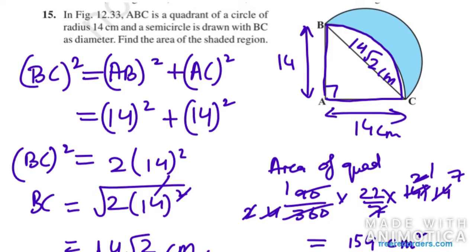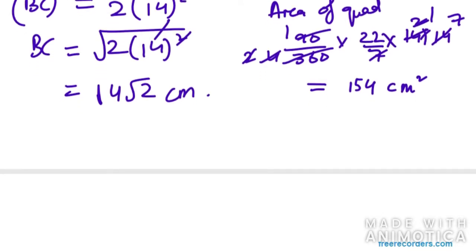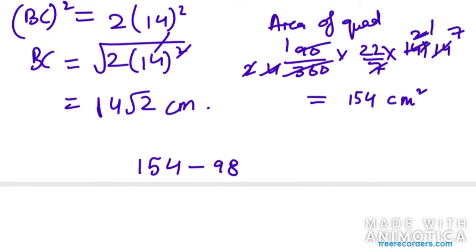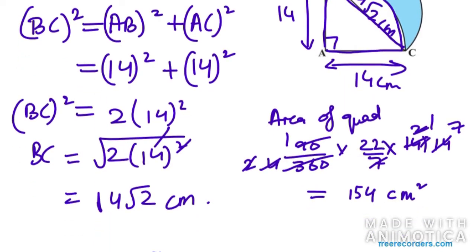Now we need to find this segment part, the divided segment. So the area of segment made by the hypotenuse of the triangle will be 154 take away 98, that is the part of the area of the triangle. Area of the triangle in this case is half base into height. Let me find that as well.